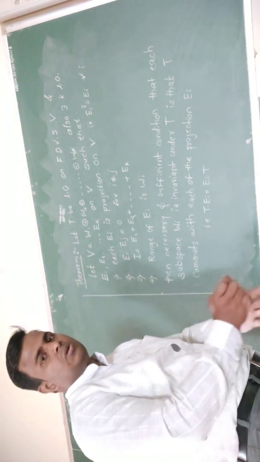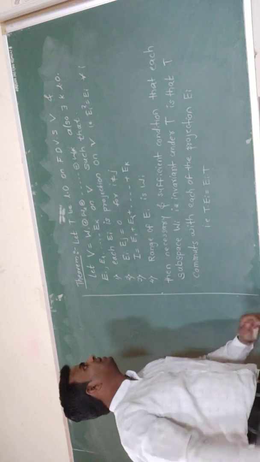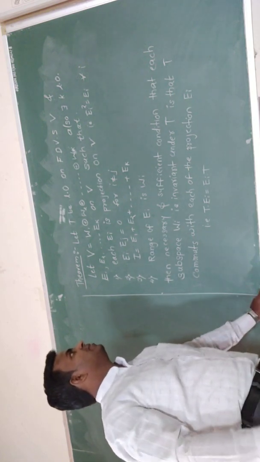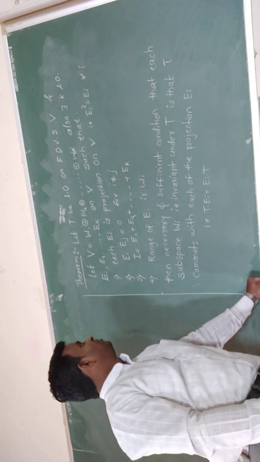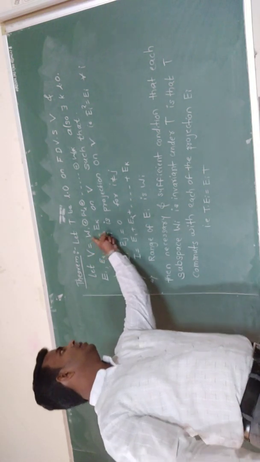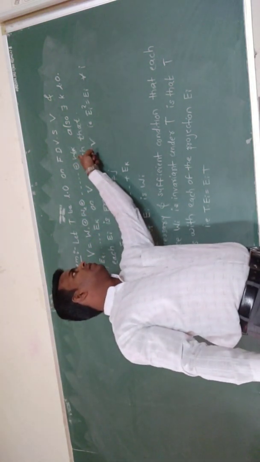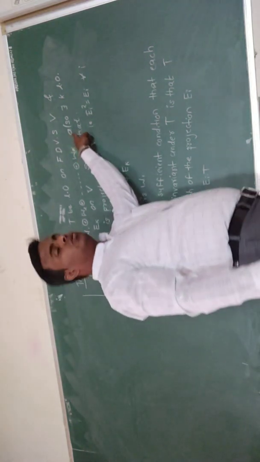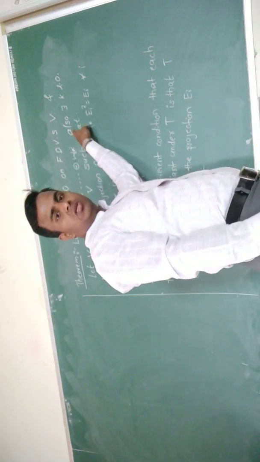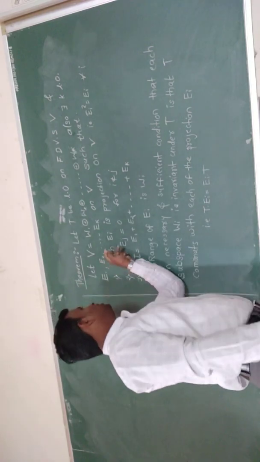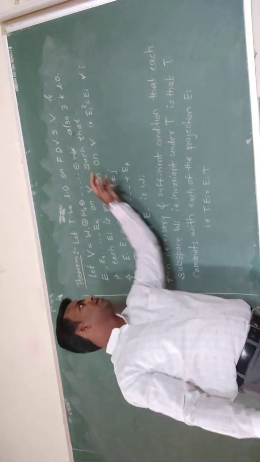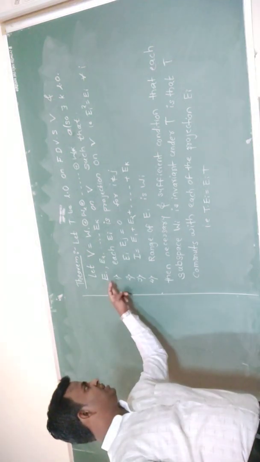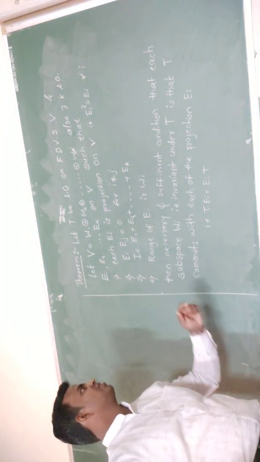What does the theorem say? Look at the theorem once again. Let T be a linear operator on a finite dimensional vector space V, and let V be the direct sum of W1, W2 up to Wk. Also, there exist k linear operators E1, E2, Ek on V satisfying these conditions.